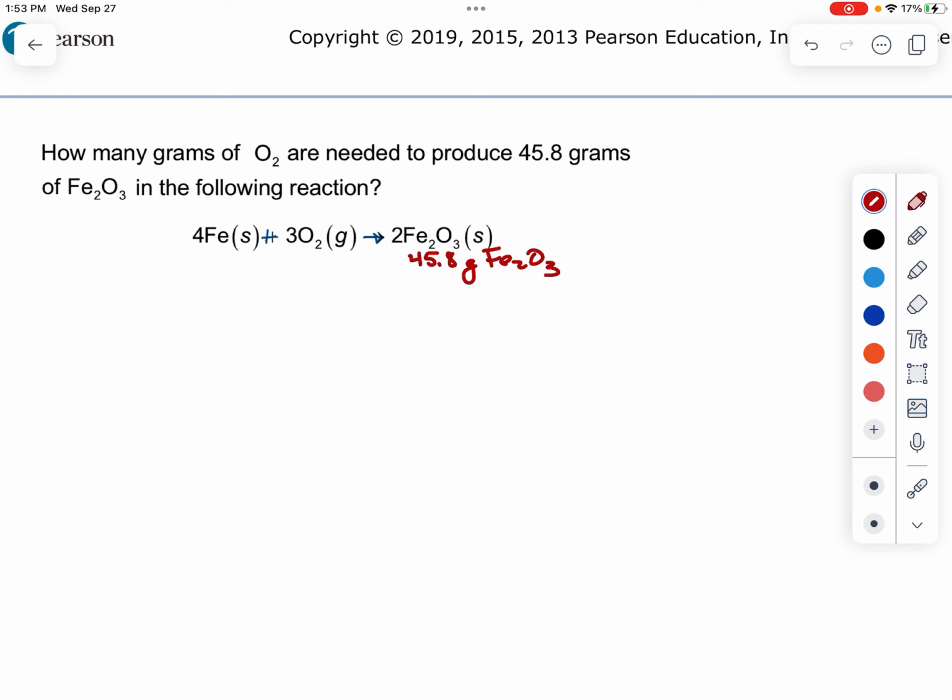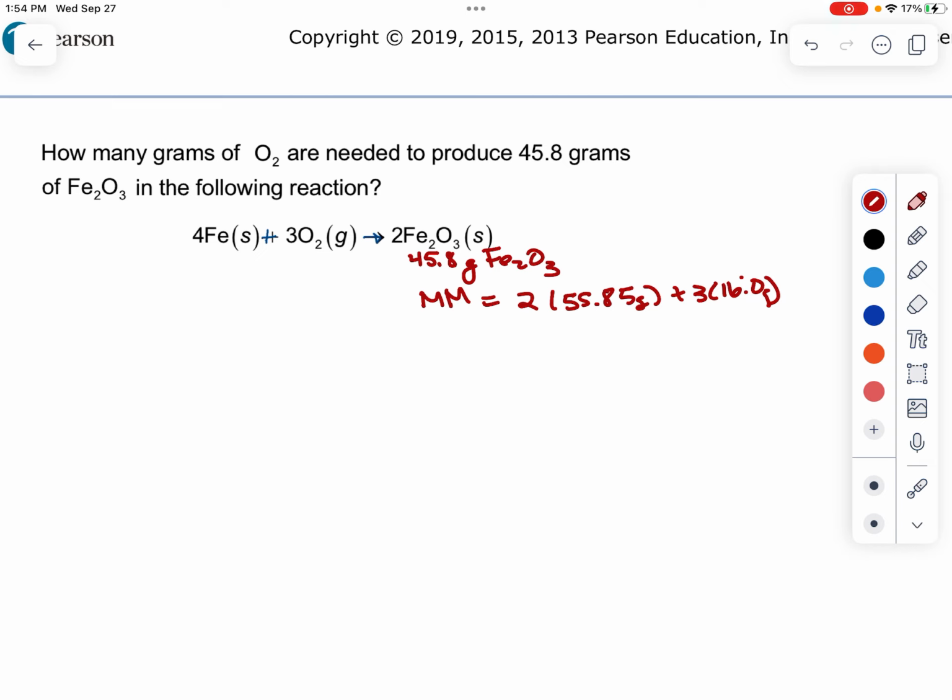And that's what I want. I'm going to need the molar mass for Fe2O3, and that's going to be 2 times the molar mass of iron, which is 55.85 grams, plus 3 times 16.0 grams for oxygen.